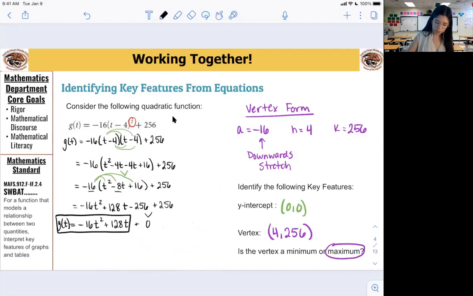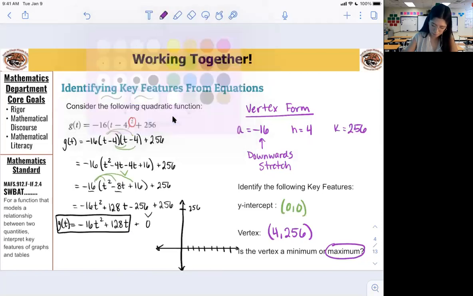It's starting at the origin, at 0, 0, and it's going to 4, 256. The y-intercept is 0, so it's going to go up to the 256.